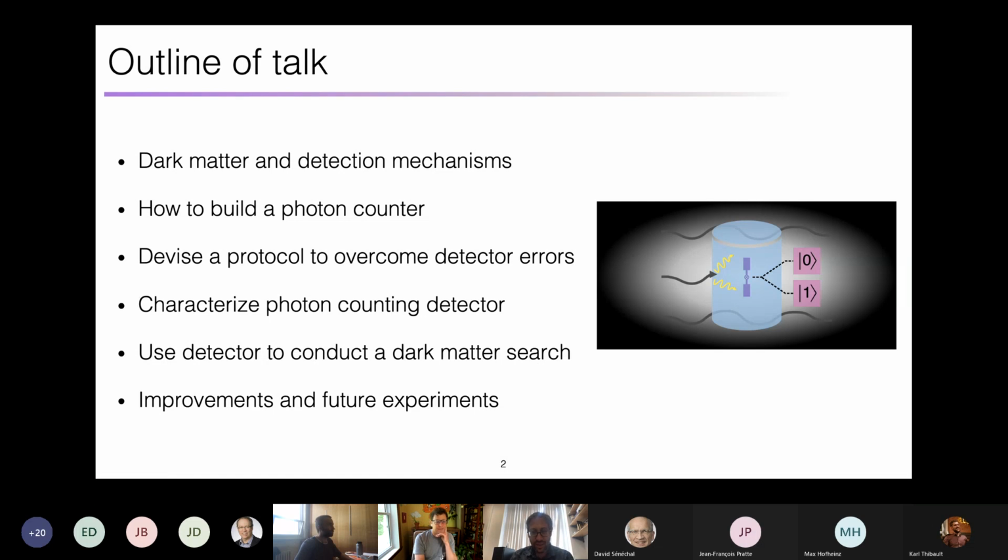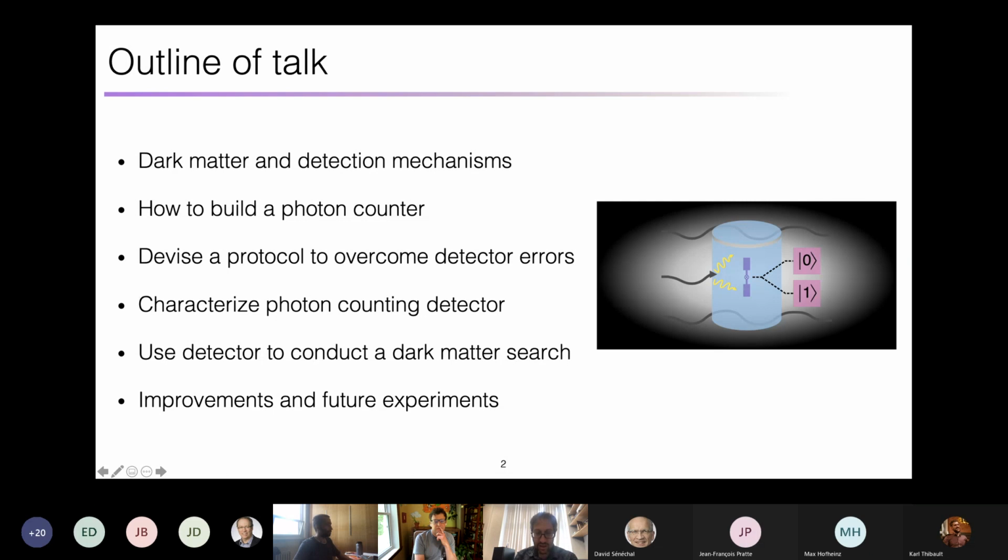And the upshot is that we're going to try and use our superconducting qubit technology as a photon counter. The real challenge with all dark matter experiments is that you're essentially trying to lower the background so that you can actually see these rare events. So we'll talk about what kinds of false positives you can get and how you can overcome that.